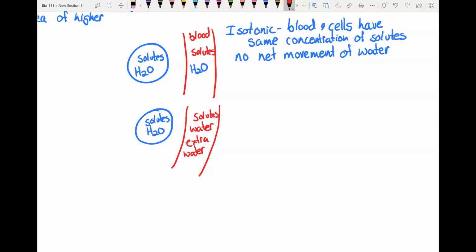Some real-life examples of what has happened with putting extra water in the blood: there was a radio station that had a contest. Remember when those Wii game systems came out and they were the new exciting thing? There was a radio station that had a contest to give away a Wii. And the name of the contest was Hold Your Wee for a Wii.